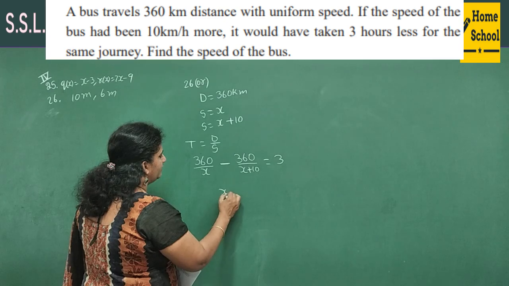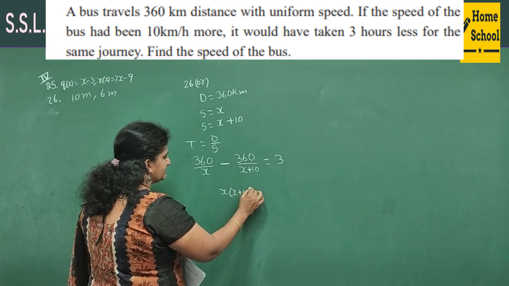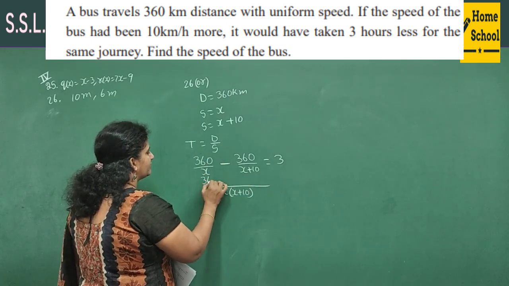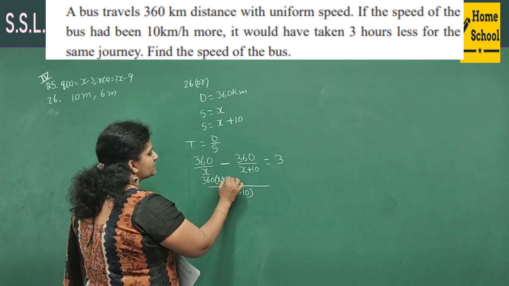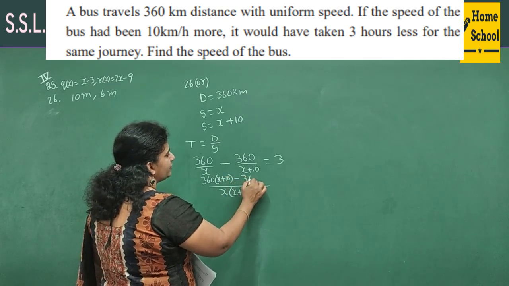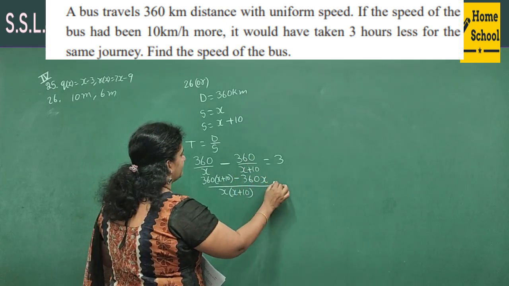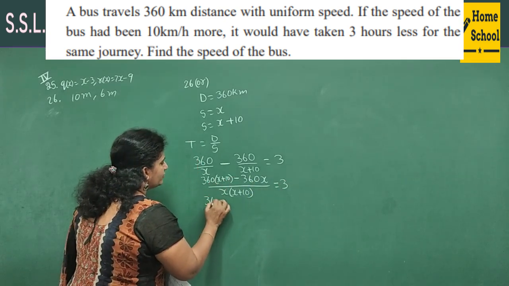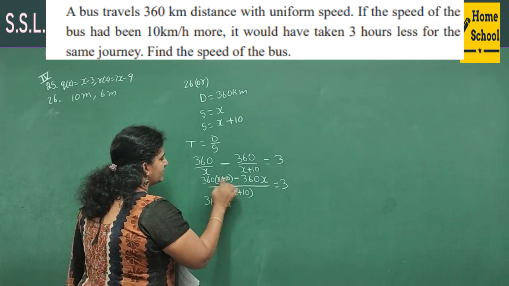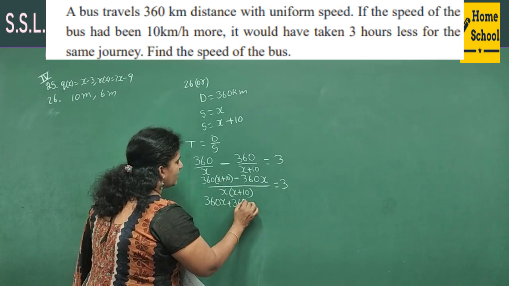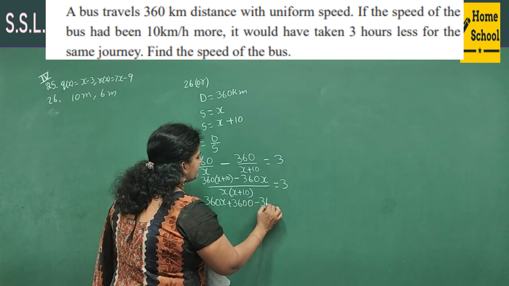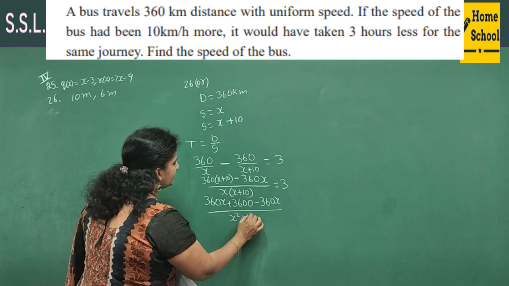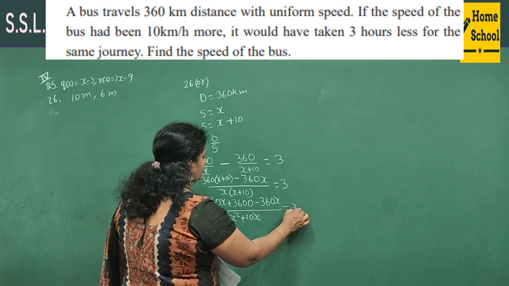x and x plus 10 LCM, x into x plus 10, and now multiply x plus 10 here, 360 into x plus 10 minus 360 into x, that is 360x, directly you can write. Now remove this bracket, 360x plus 360 into 10, 3600 minus 360x by x square plus 10x is equal to 3.